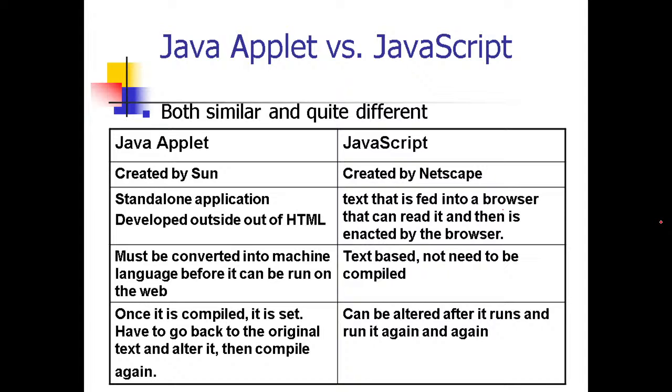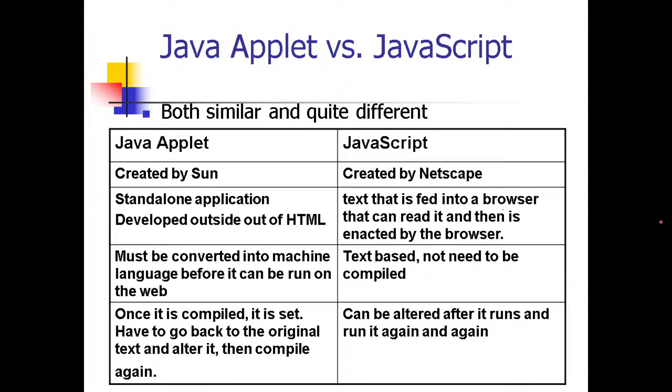A Java applet is first compiled by the Java compiler, and the dot class file is embedded into the HTML. But JavaScript is written into the HTML code only. So there is a difference.